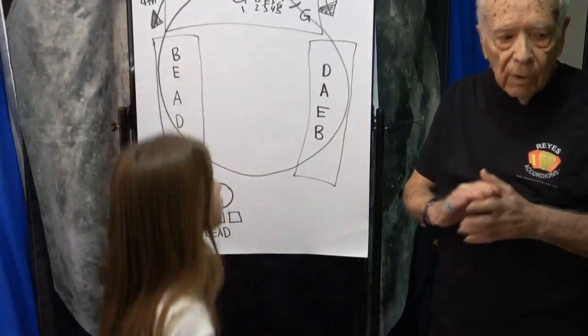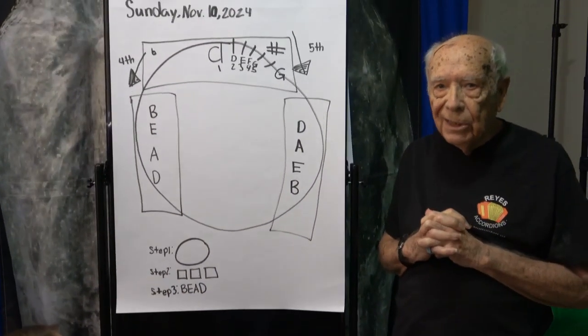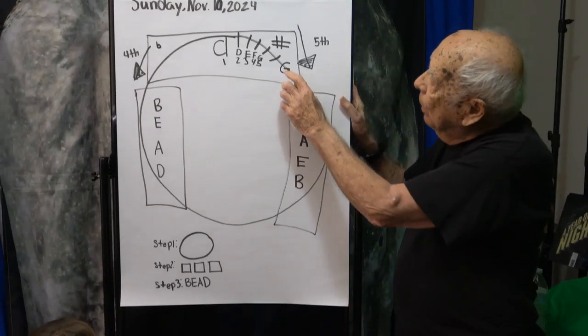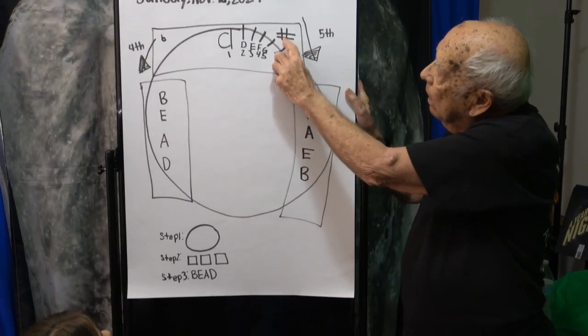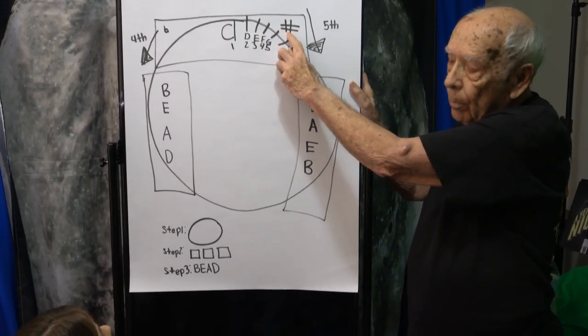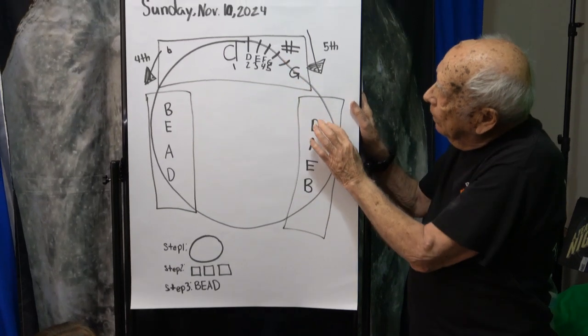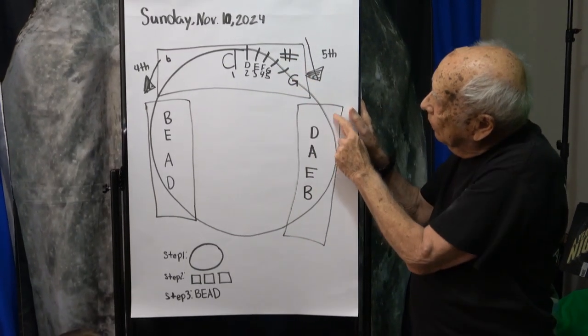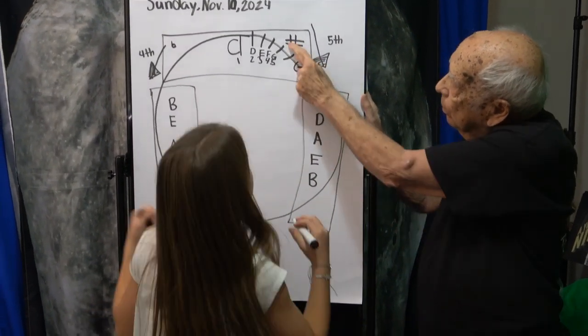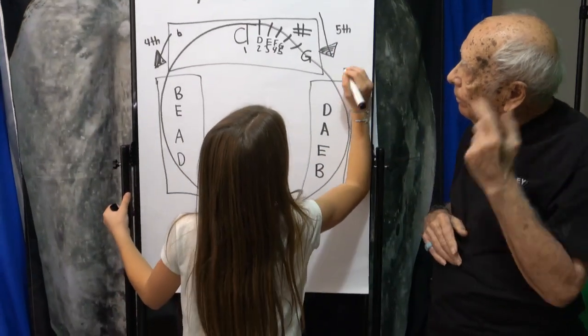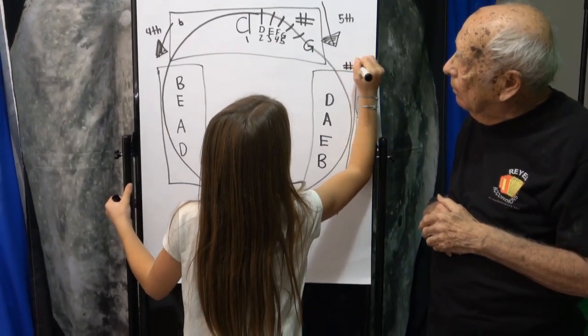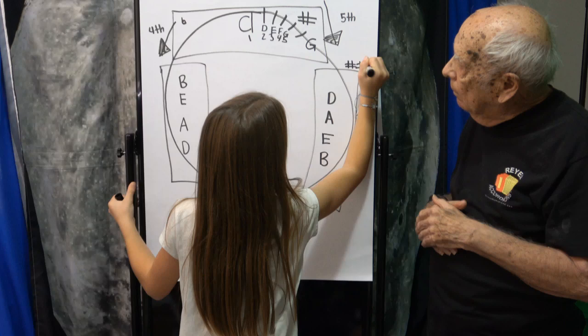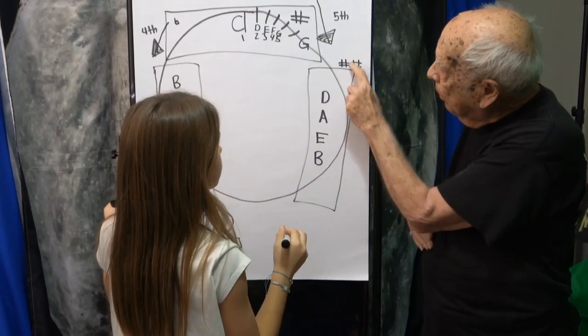Okay, so now we've got a lot of knowledge looking at us there. So we go down to G, and we've got one sharp. So now let's go down to D and put two of these over here. Two of those. And on A, put three of them.